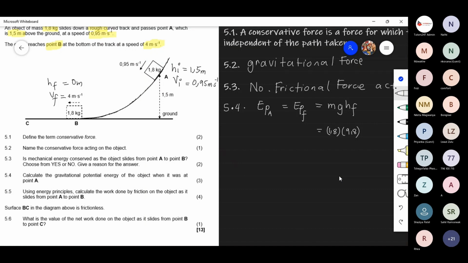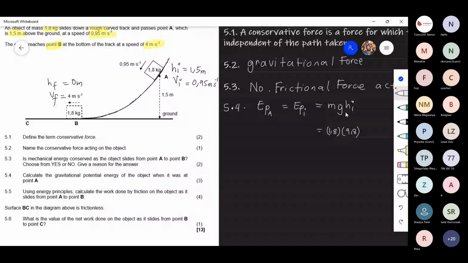One more important thing that I've just now noticed is that that is not final, that is actually initial. Sorry about that. A is your initial potential energy, not your final potential energy. So we will use the initial height, which is the height at point A. That is 1.5 meters above the ground.